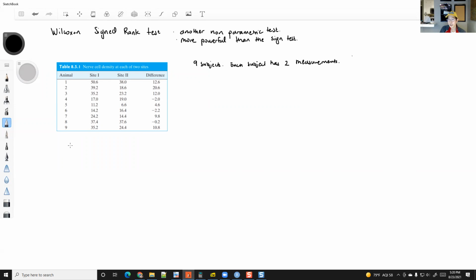And then we have calculated the column of differences. So here, step 1, calculate the column of differences, we've already done.